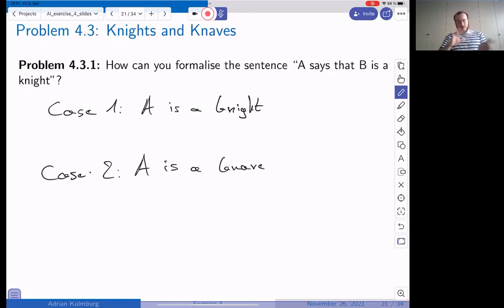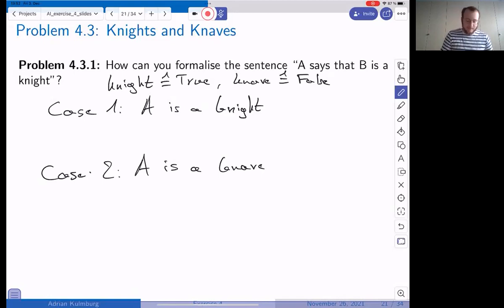And now, just for this exercise, what we're going to do is we're going to associate the fact that somebody is a knight to the fact that that certain variable, so to speak, is true. And knave, we're going to associate it with false. So if we say that A is true, then it means that A is a knight. And if we say that A is false, it means that A is a knave.